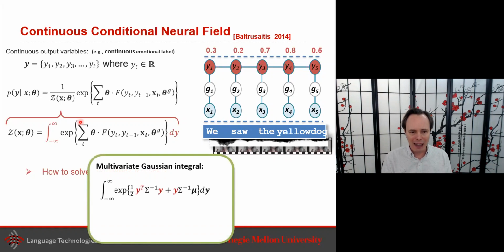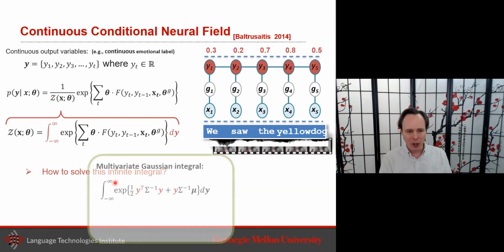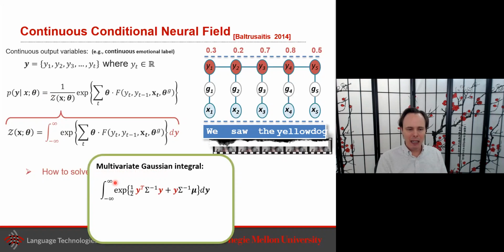And so for that, when you see this kind of infinite integral, one thing you should think about right away is a multivariate Gaussian integral. That's usually a good trick. If I can take this equation and put it in the form of a multivariate Gaussian integral, then I have a closed form solution.